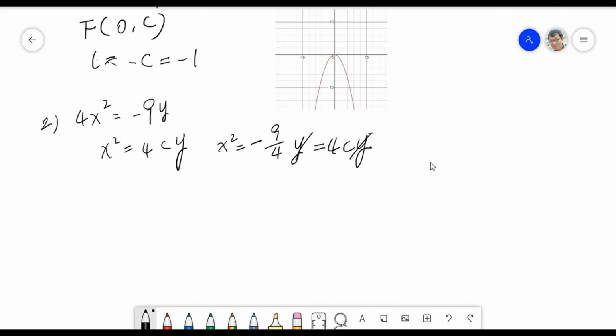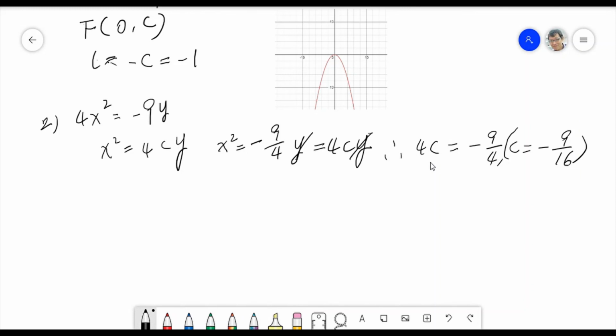So we can write clearly 4c equals to what? Negative 9 over 4, so c equals to negative 9 over 16. So we got c already.